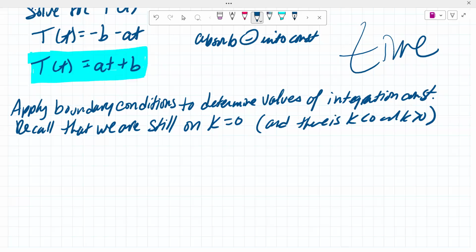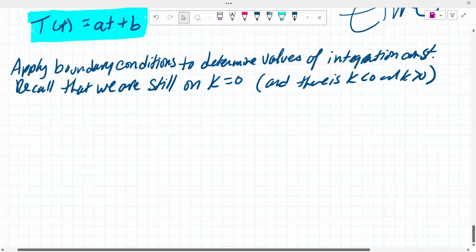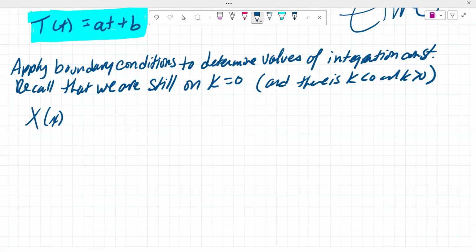Alrighty, so let's go ahead and see if we can do this. So we're going to have X of x equals a1 x plus b1. This is given. This was our solution from above for the position half.